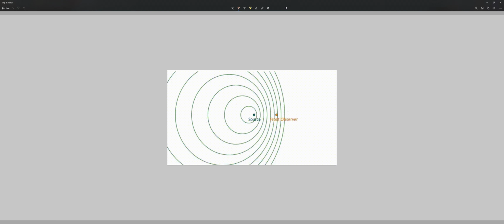So you see, the sound waves are hitting the observer. They don't have a really large wavelength compared to the other side here. The wavelength of these waves is smaller, but because more wave cycles occur in a given amount of time, you have a higher frequency.